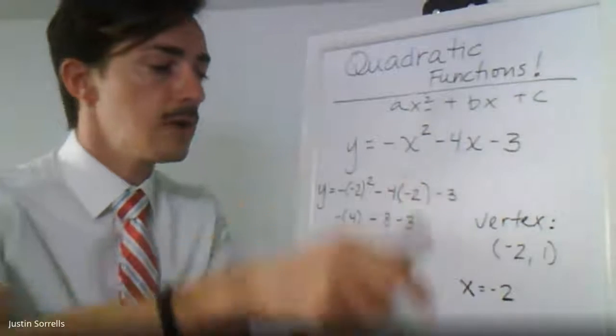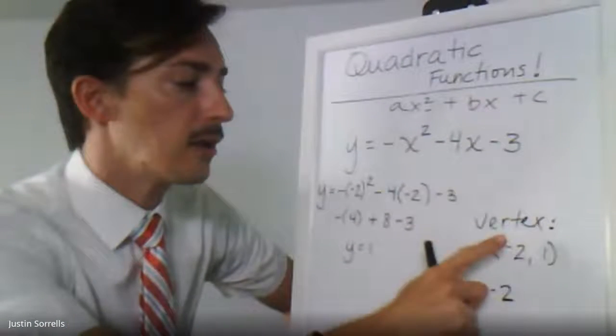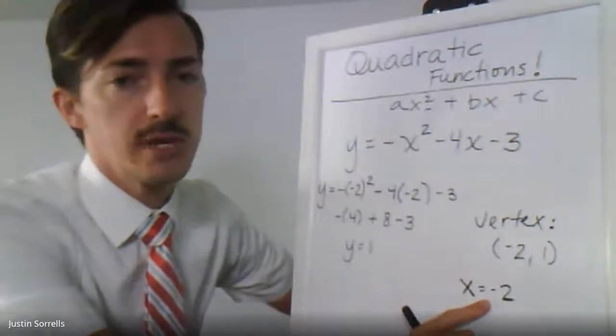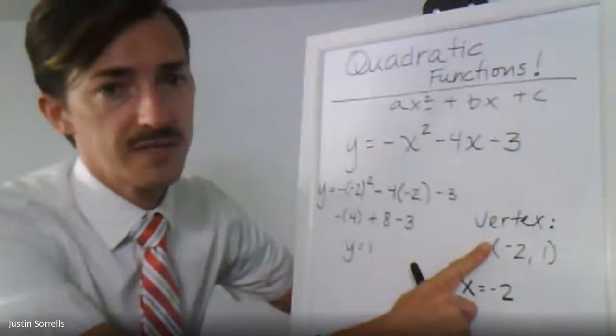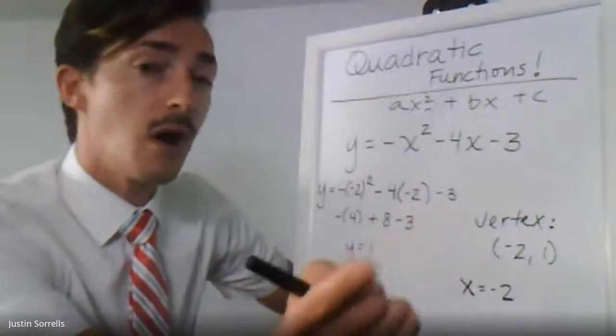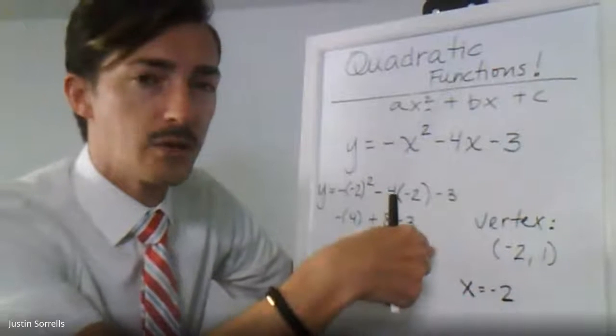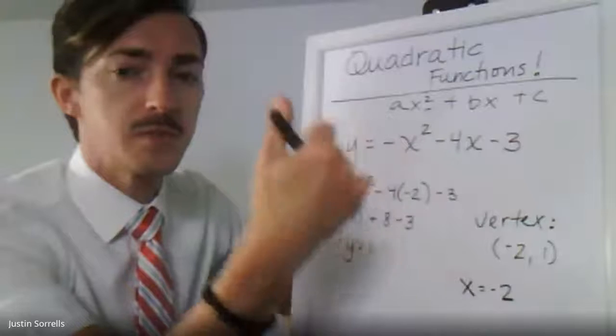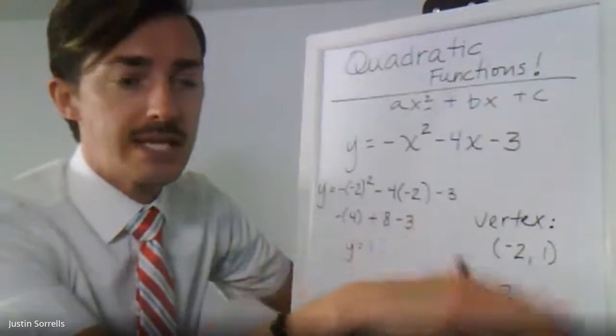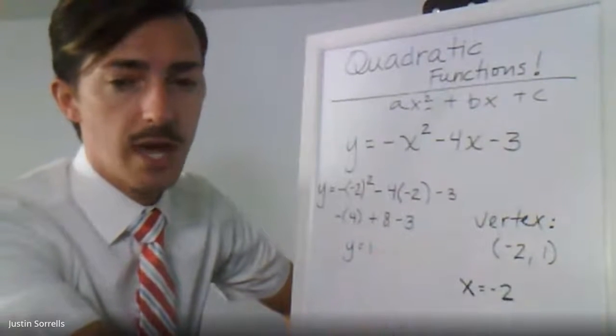Okay, so what I can do, I can graph the axis of symmetry, and I can graph the vertex for us. And I will also throw in here real quick the y-intercept. Because the y-intercept for any type of function is always where x equals 0.